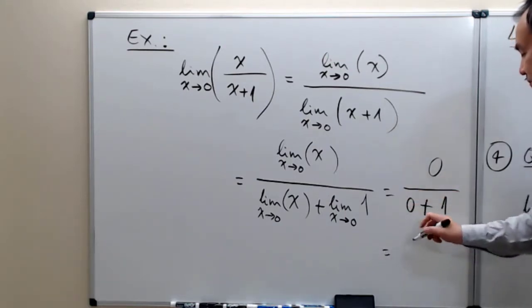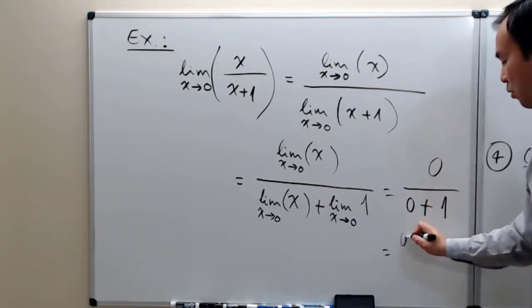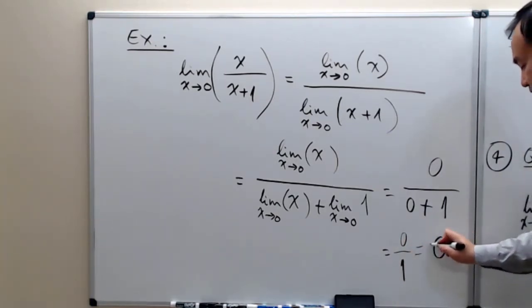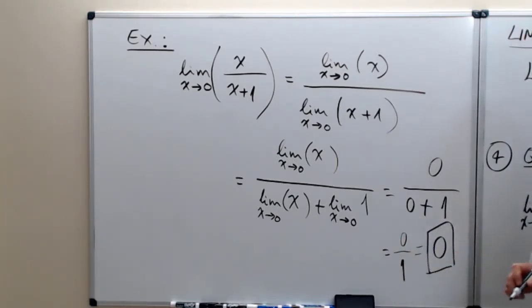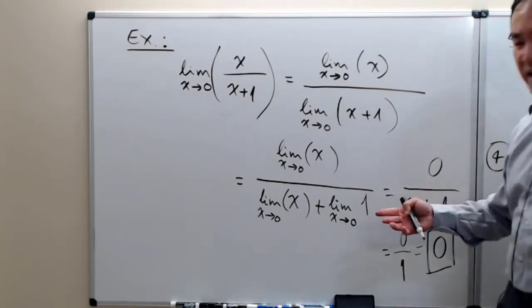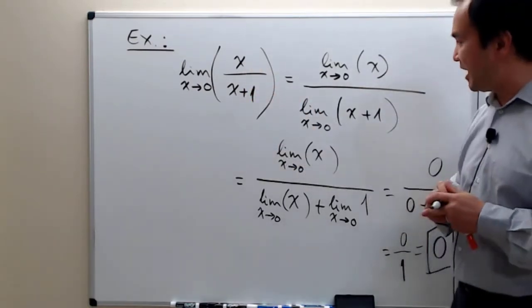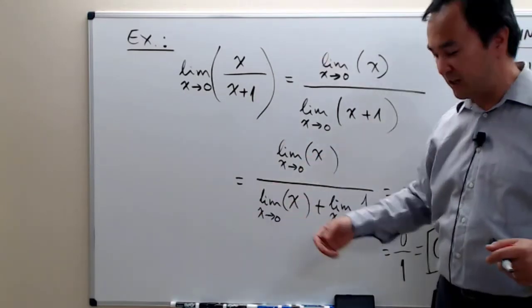We have 0 over 1, which equals 0. And so here's the way we handled a limit problem. We bypassed using tables, and we were able to find the limits a lot more effectively.